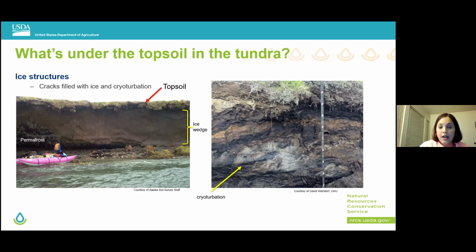So you guys are aware that places like Canada and Alaska, they're very cold, but there's some periods during the year that the ice melts. So that thawing and freezing process is affecting the soil and is creating all these structures. So that is also under the topsoil.